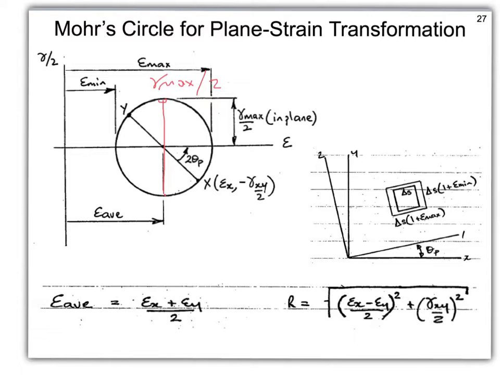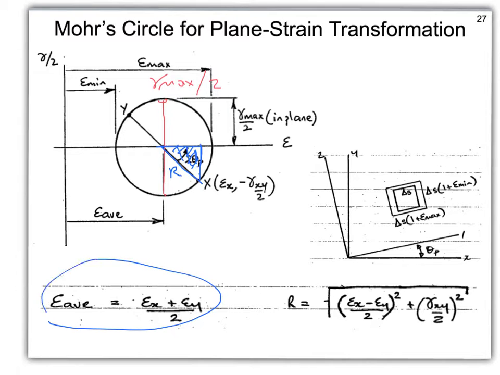Okay, so looking at our little right angle triangle in there, we can use that in order to do some trig and calculate our principal strains. So we'll need the radius of the circle and the center of the circle, and from those two bits of data we can calculate our principal strains.